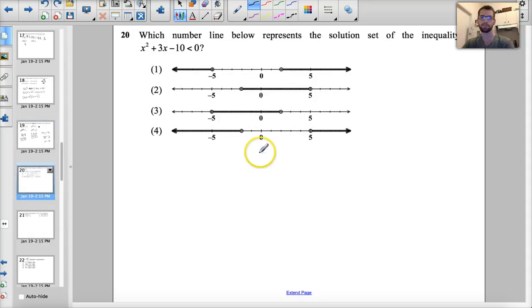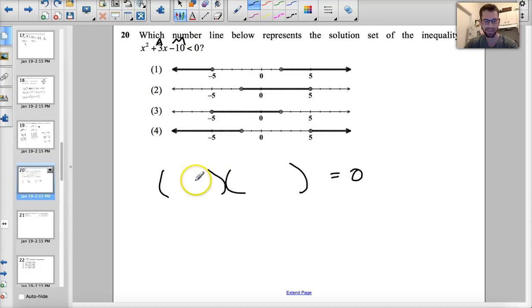Moving along. Number 20 says which number line best represents the solution set of the inequality. So the first thing I'm going to do is factor it and set it equal to 0. I want to find the zeros before I do anything else. So I need to find two numbers that add to 3 and multiply to negative 10.